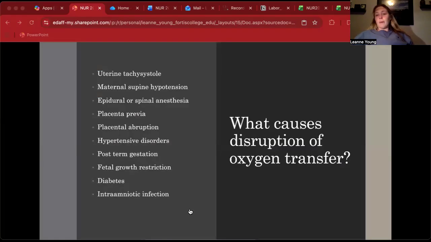We talked a lot about fetal oxygenation and how it's disrupted during labor, but I want to get more specific. What causes disruption of oxygen transfer itself from mom to baby? Uterine tachysystole. When you see that, that means mom is having too many contractions too close together.